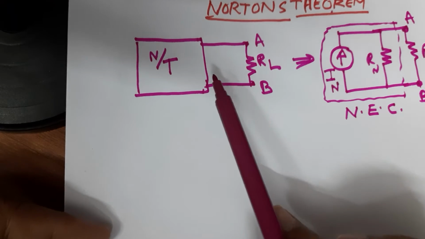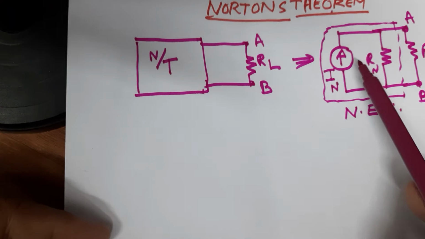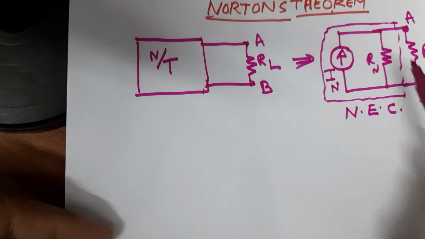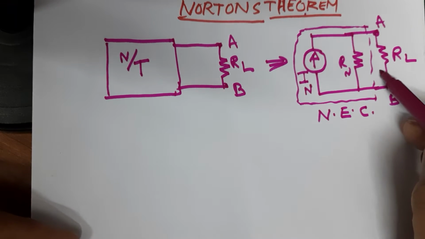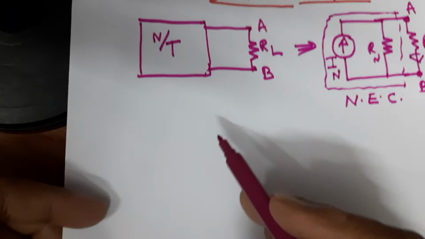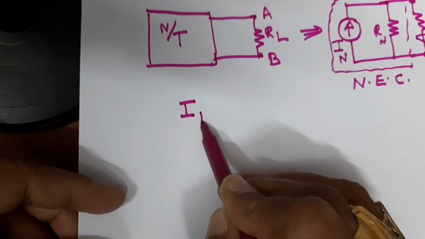Now, once we replace the given network with a simplified equivalent circuit as shown here, what is the advantage? Now we can find the current flowing through the load resistance by using the parallel circuit formula.